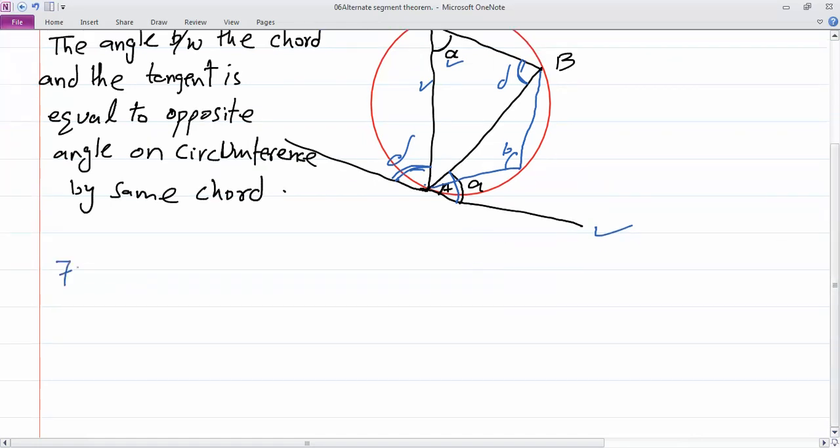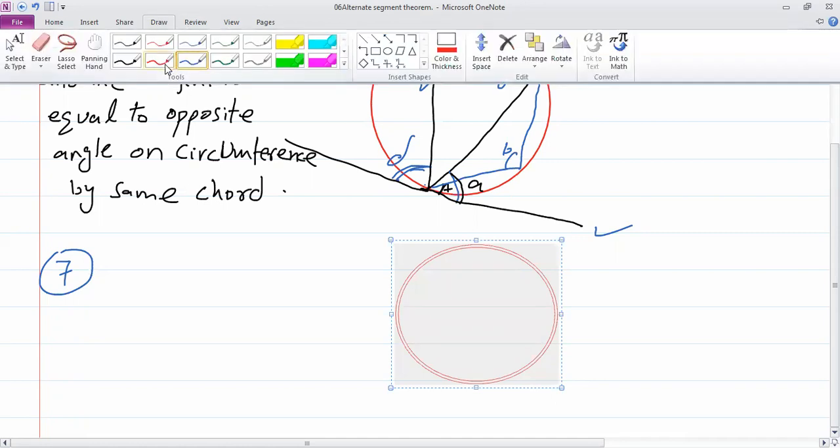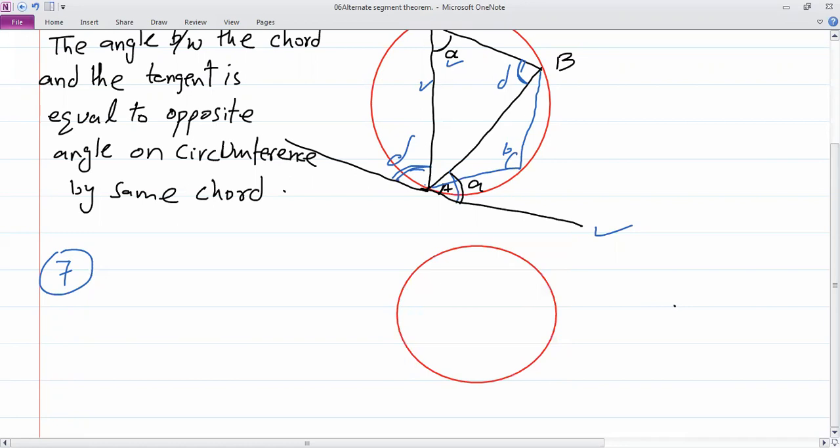Rule number 7, the 7th circle theorem. Let's say I take a circle and there is a point outside the circle. Let's say this is a point A outside the circle. From this point I want to draw a tangent, and in the same way, I can draw two tangents to the circle.